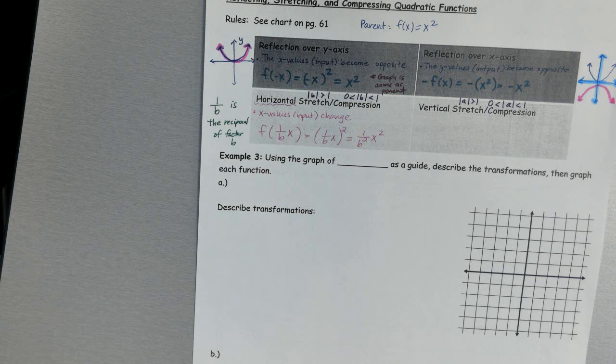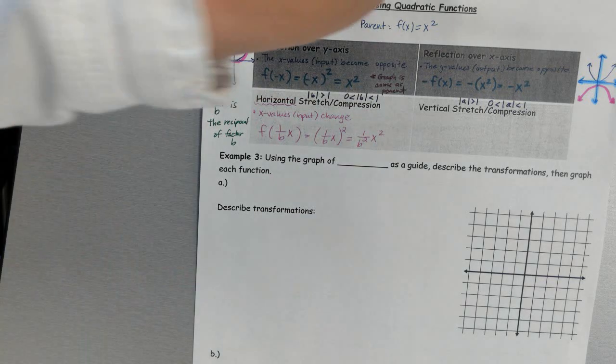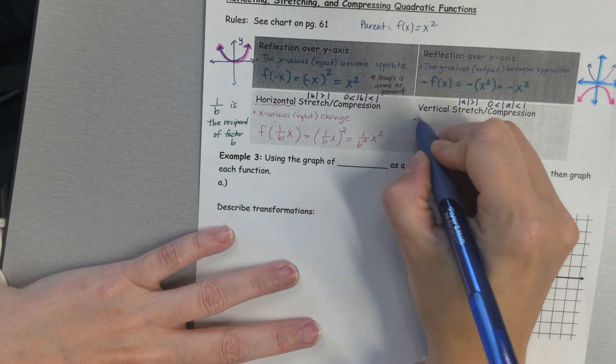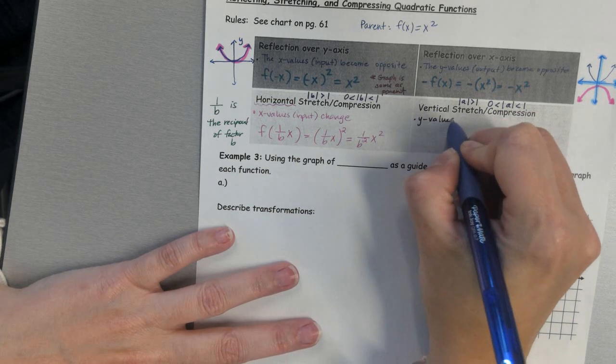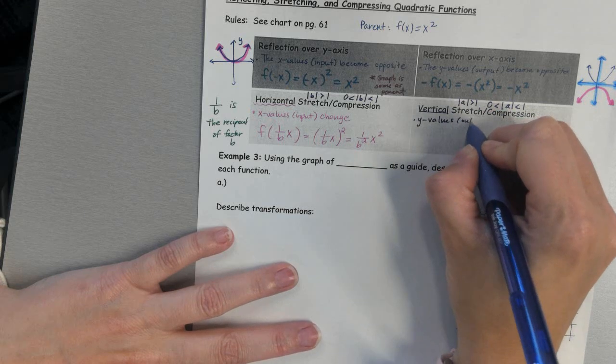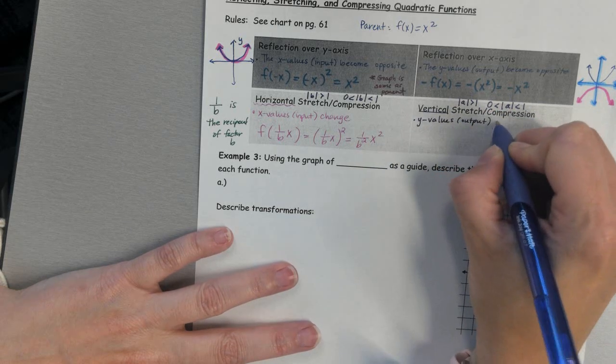Okay, for your vertical stretch or compression, it is the y values. So for vertical, it's the y values, or the output that changes.